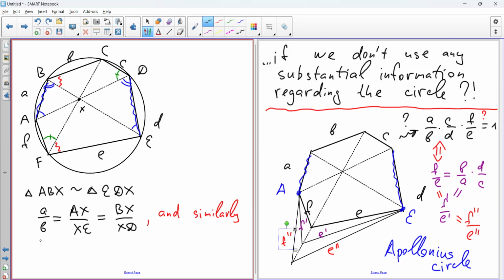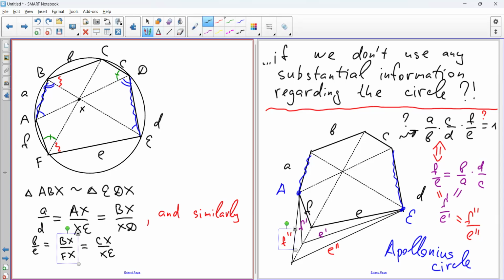So we can say that, just one thing here, it's A over D, of course. But speaking of other ratios, we can say that B over E is equal to what? To BX over FX, which is equal to CX over XE.